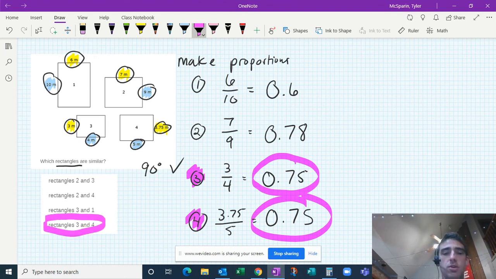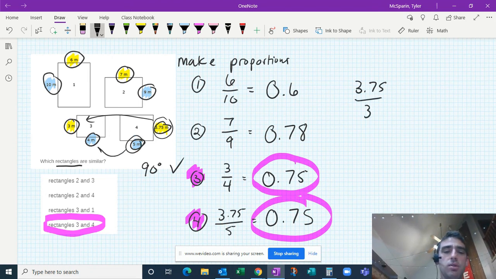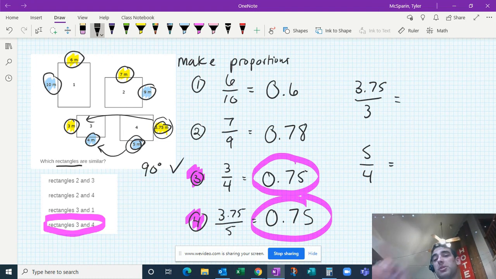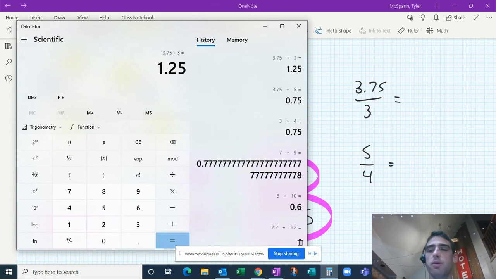Now, I do want to point this out about 3 and 4. If I were to do yellow divided by yellow, so 3.75 divided by 3, and blue divided by blue, so 5 divided by 4, you'll see that if we make the proportions between the two triangles, it'll actually still work. 3.75 divided by 3 is 1.25.